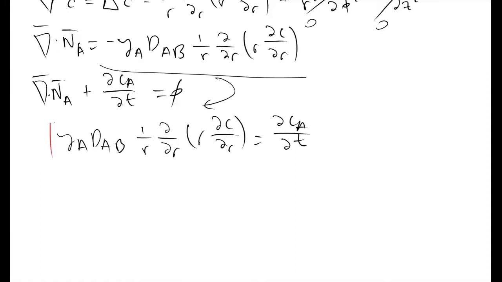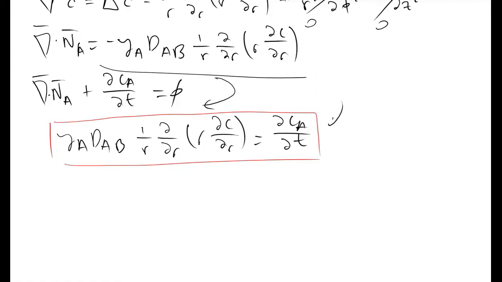Getting to this point in this model or derivation is a good point to get to, because if we now integrate, we will be able to evaluate what CA is. The reason transient diffusion problems are more complicated is because CA is no longer a function of just position.